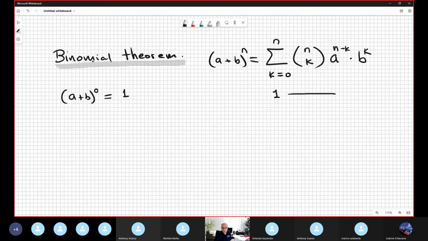This is associated with n equal 0. Now a plus b to the first power is just a plus b. It's easy. Now I copy here the coefficients; by the way, the coefficients are 1 and 1. I copy here 1 and 1, and this is for n equal 1.